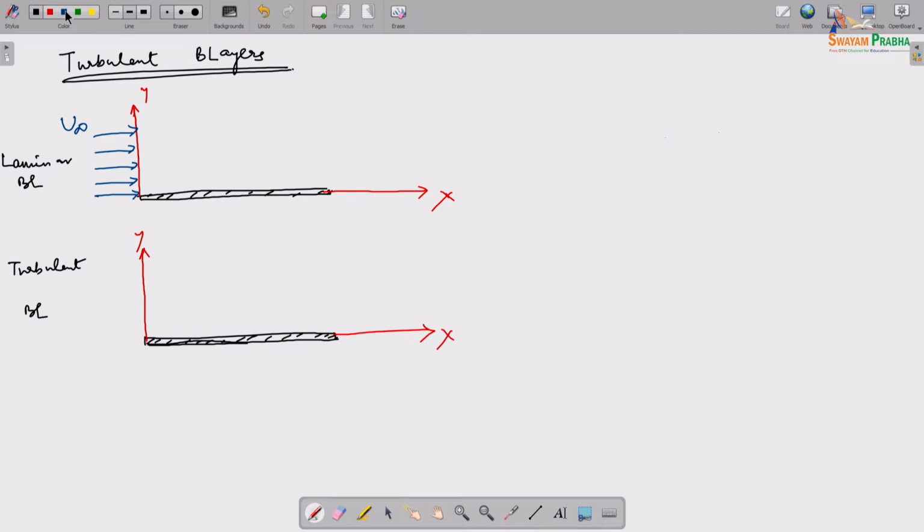I think we'll draw that typical. And what exactly is happening here? Well, there is flow here, there is flow here, there is flow here. Right? Flow is happening.